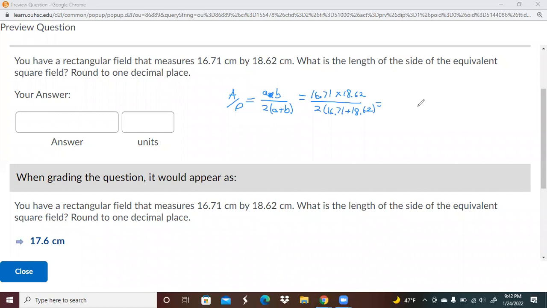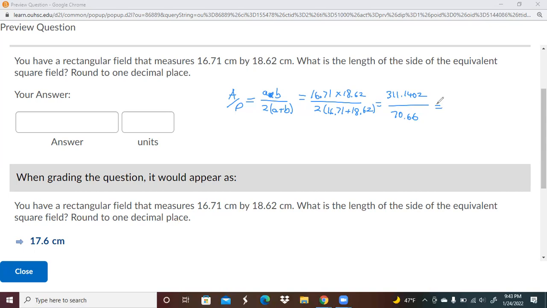The top part is 16.71 multiplied by 18.62, and that ends up giving us 311.1402. On the bottom, if I take 16.71 and add 18.62 and multiply that by 2, I get a result of 70.66. That's where it comes from.